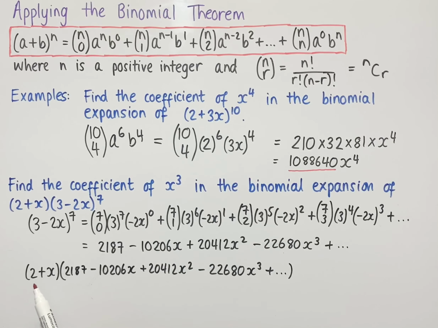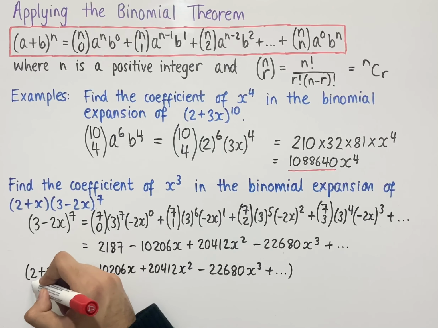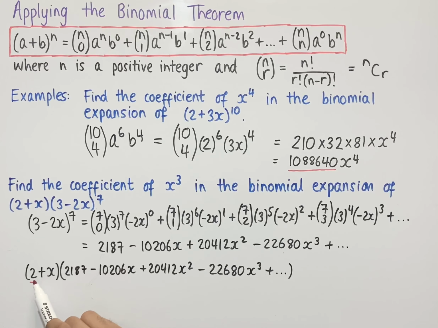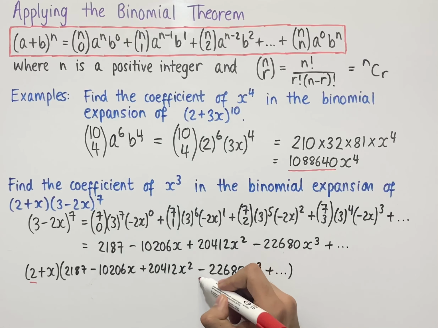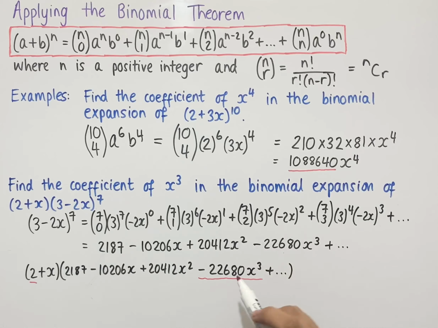The term that would give us x to the power of 3 involves 2 multiplied with −22,680x cubed. So if we underline the 2, it is going to be multiplied with this term, −22,680x cubed, to give us a term that has x cubed within it.